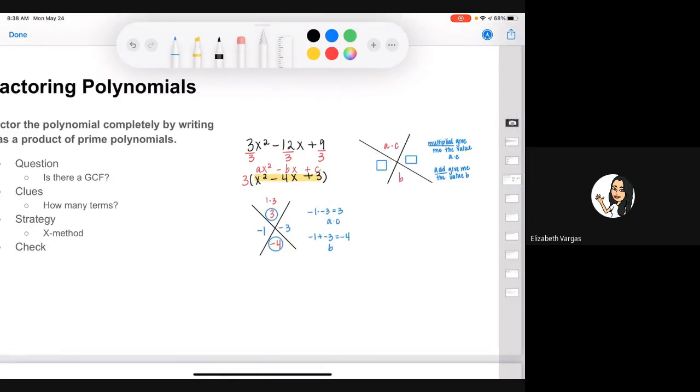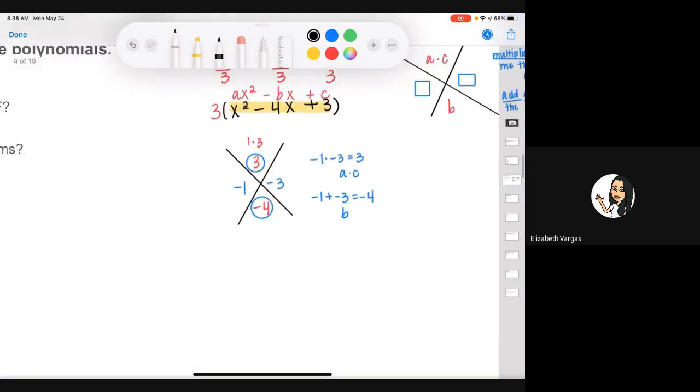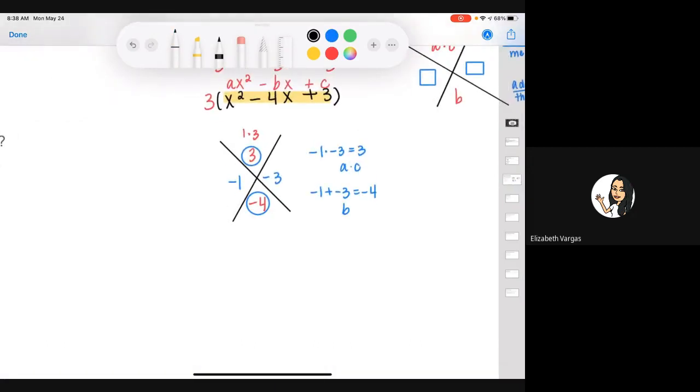Now that I've factored this, I want to plug it into my original expression. So I have 3 x squared plus, what this is giving me is x values. So plus negative 1x plus negative 3x plus 3. Let me color coordinate this so you can see where we got this.